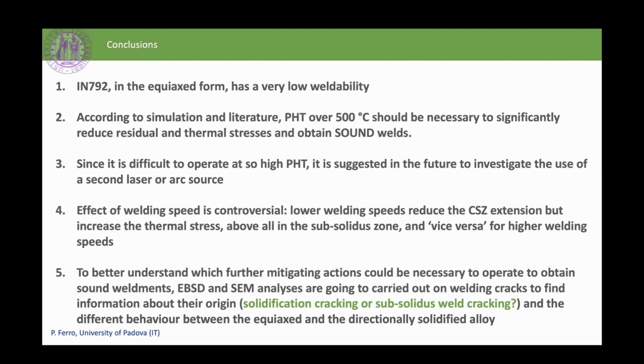Once we have understood this problem, we can postulate other mitigating actions to try to obtain sound welds, that is, welds without cracking.